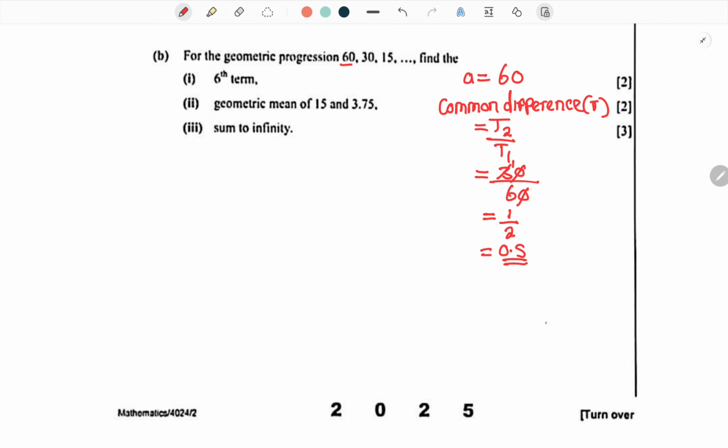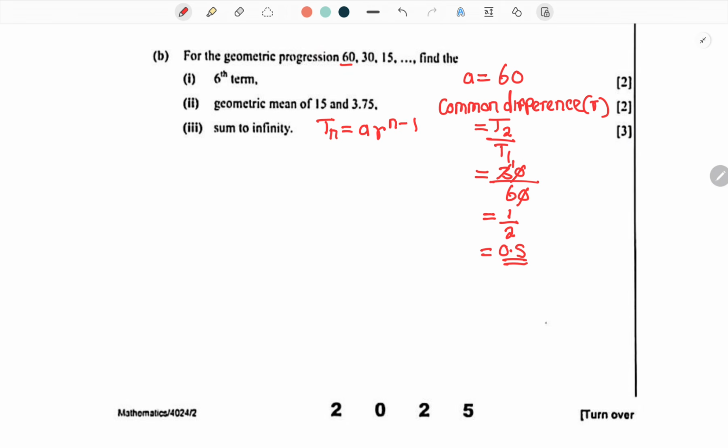Now, the question was saying we find the 60th term. The formula to find any term that you would want is simply Tn is equal to A times r to the power n minus 1.